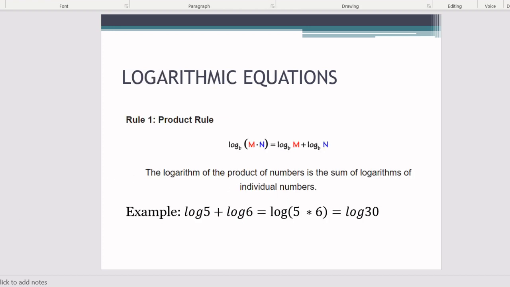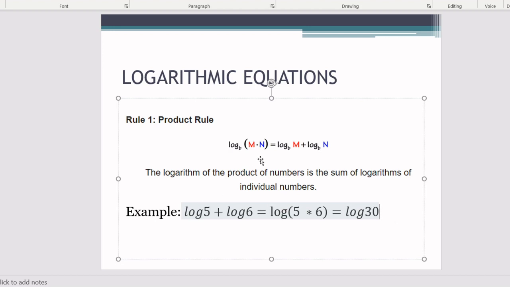Okay, now let's move on to logarithmic equations. There are some rules that we always need to remember. Rule number 1 is the product rule. Let's say, for example, you are given log 5 plus log 6. That is just equivalent to log of 5 times 6, or log 30.